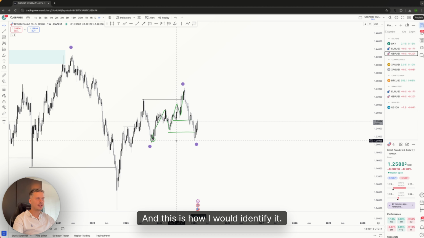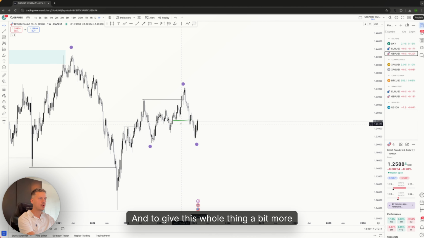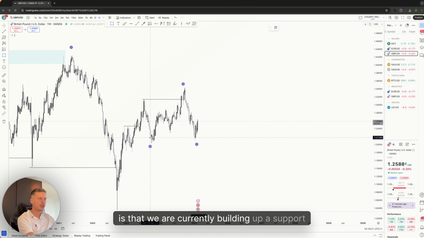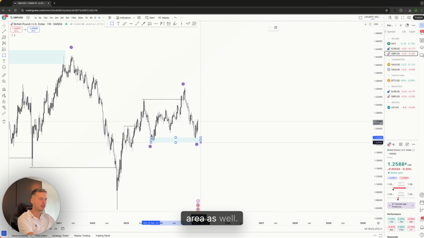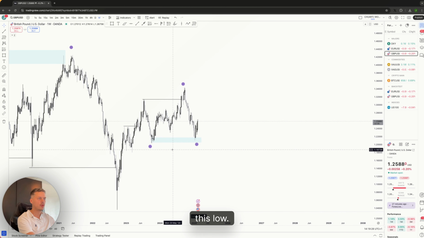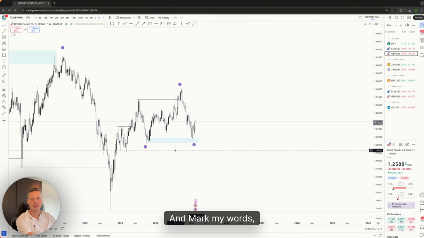And this is how I would identify it. And to give this whole thing a bit more background story, we are currently building up a support area as well. So we could see price melting down all the way to this low. And mark my words, I say we could see.